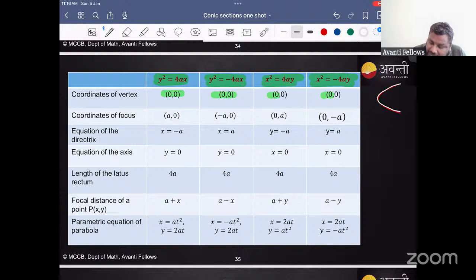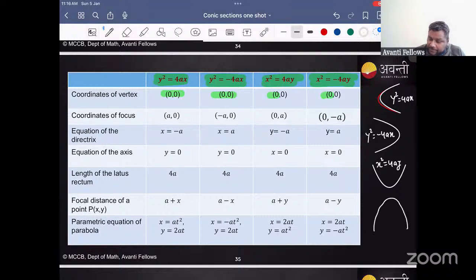This is y square equals 4ax. If it is left opening, then this is y square equals minus 4ax. I'm assuming a is positive. If it is upward opening, this is x square equals 4ay. And if it is downward opening, it is x square equals minus 4ay.